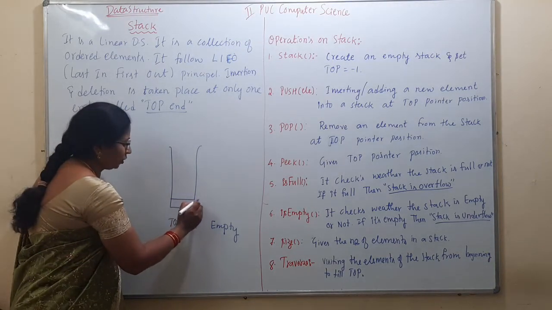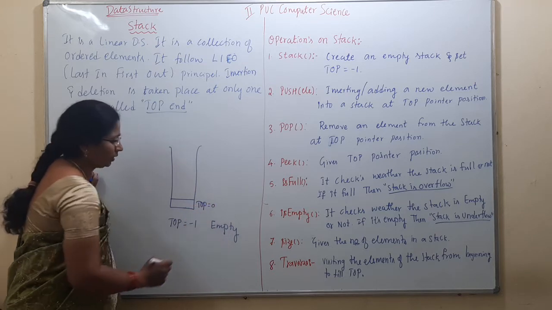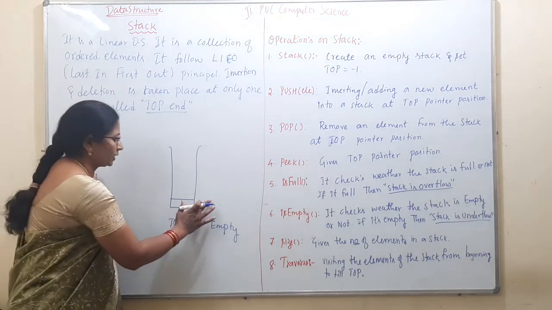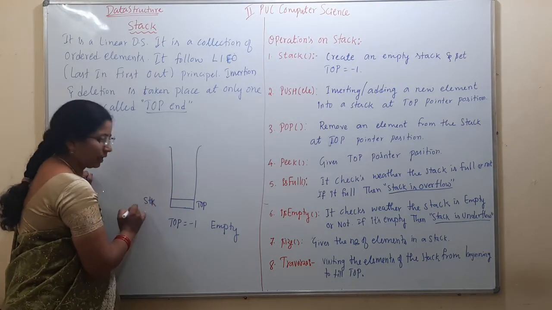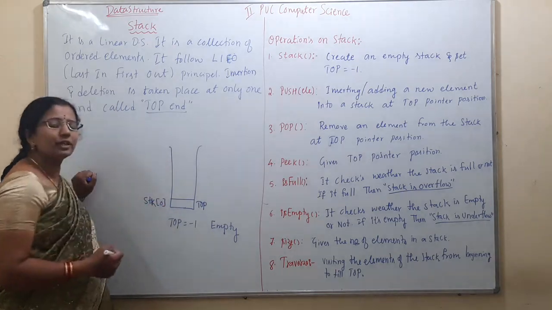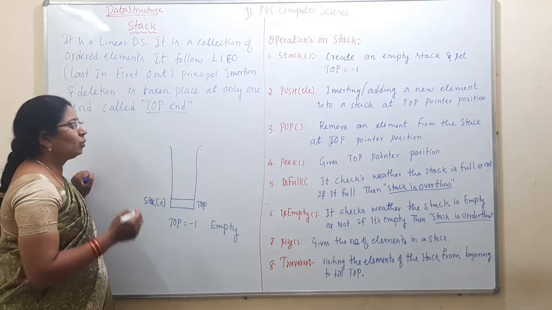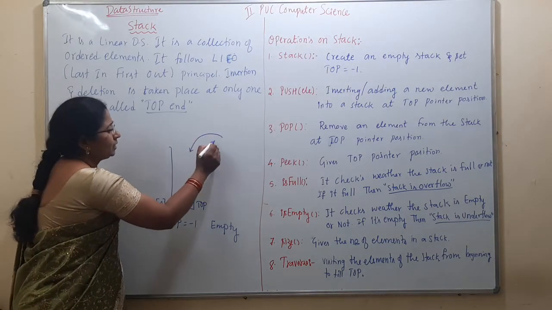Then, if you want to insert an element, you need to increment the top pointer to 0 first. That means STK of 0, taking the short form STK for stack, means the first element. We need to insert the element into the stack.